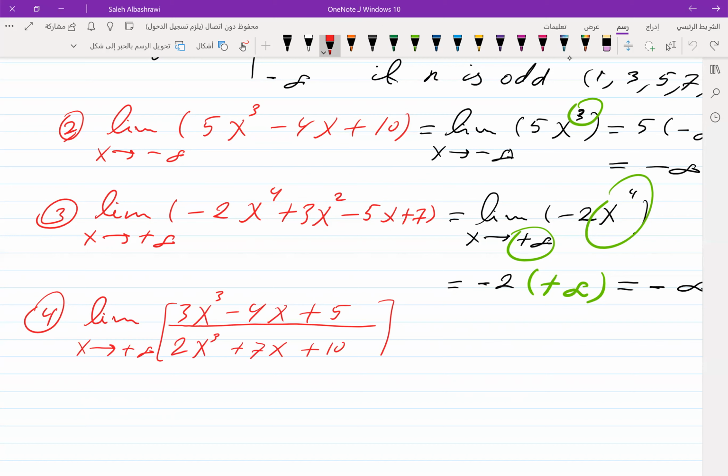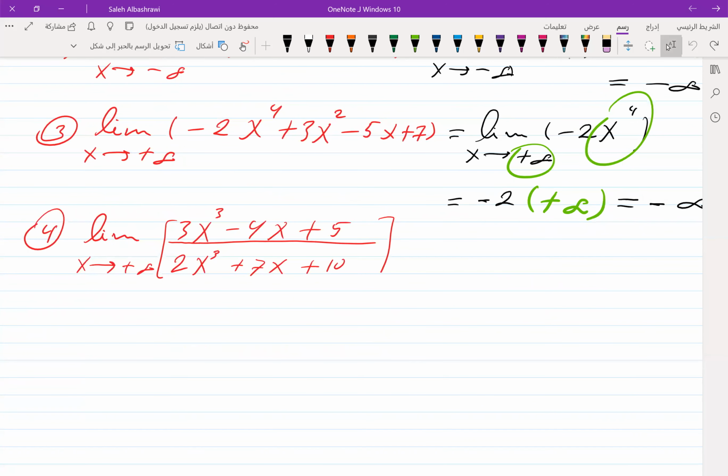You can see that I have a polynomial divided by another polynomial. So we can apply the limit of the highest power for the numerator and the denominator. So just to make it easy for this one, I'm going to take the highest power from the numerator and the highest power from the denominator.